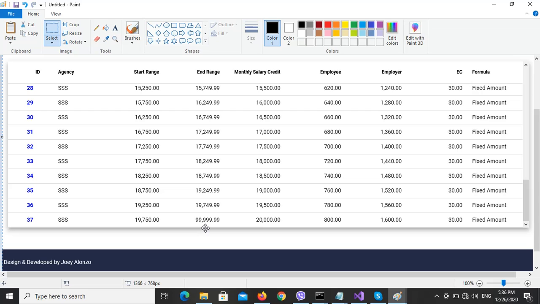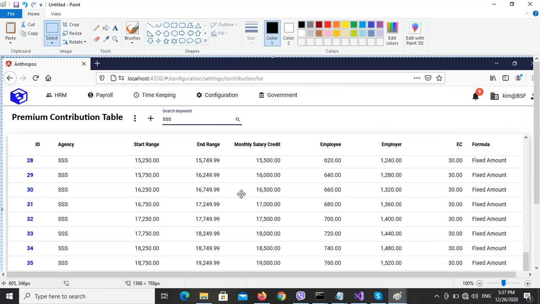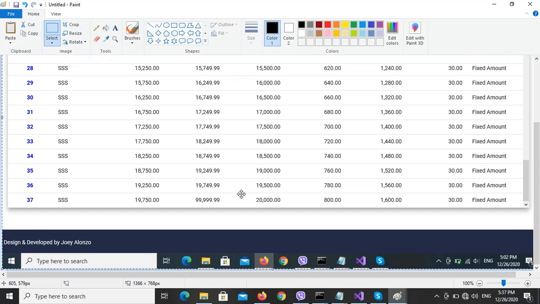This 99,999 means and above, because we cannot have a value for and above. So when you say and above, we are putting here 99,999, because so far I think there will not be any employee that will reach this salary per month. Of course, unless you are an executive or really have a big salary, depending on your company.